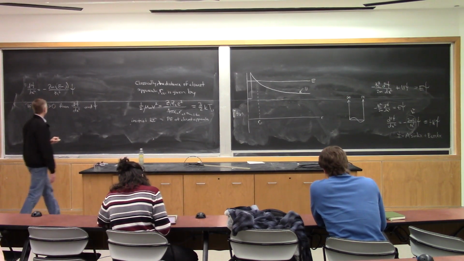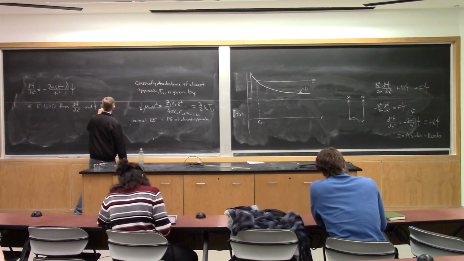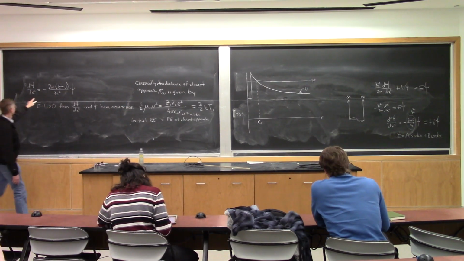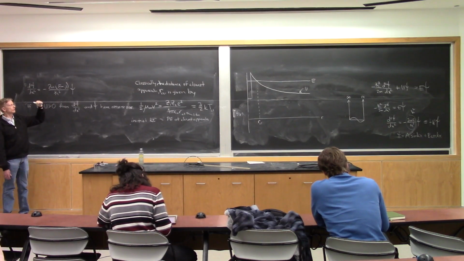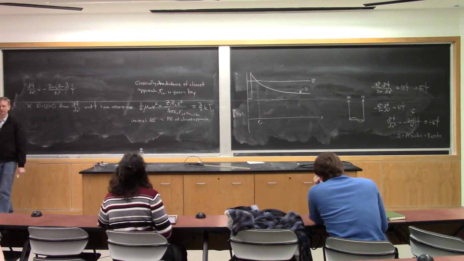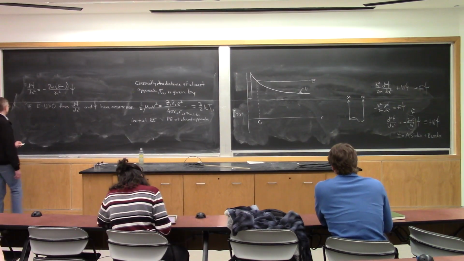If E minus U is greater than 0, if the energy is greater than the potential energy, then this stuff that multiplies psi is negative. So therefore, the second derivative of psi and psi itself have opposite signs.